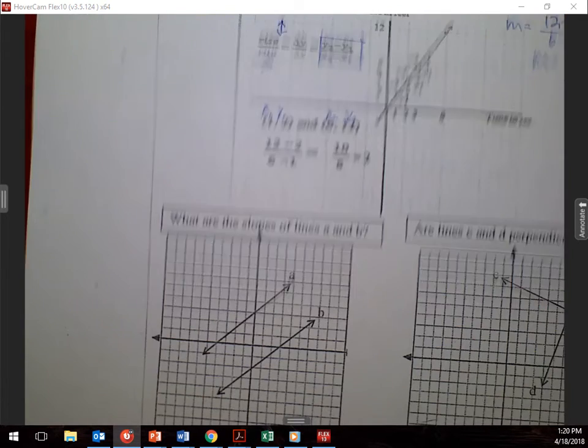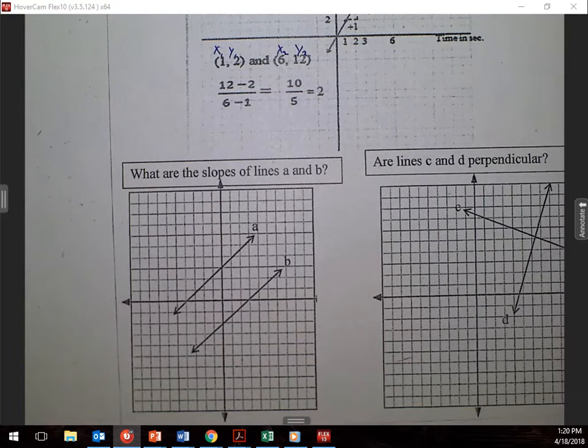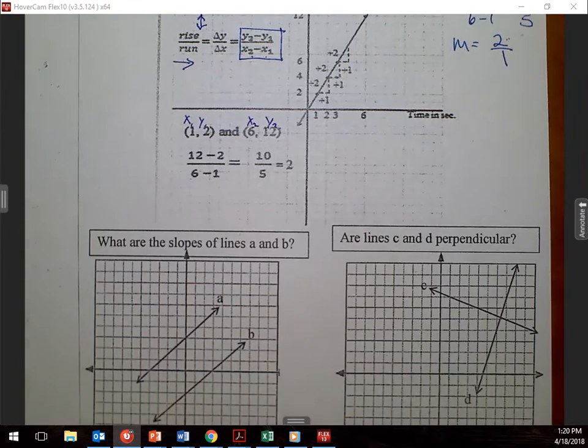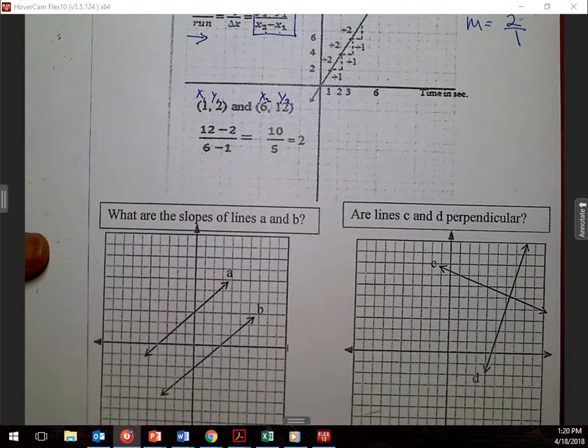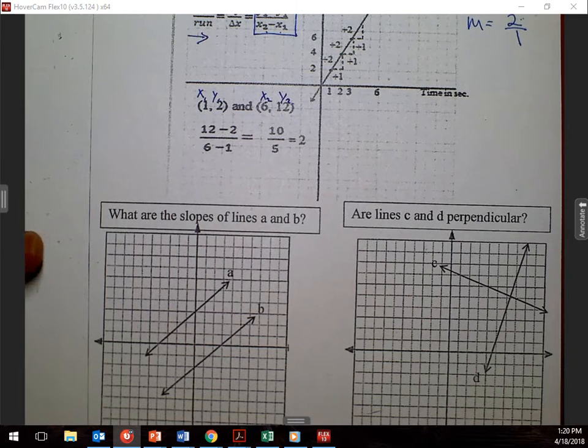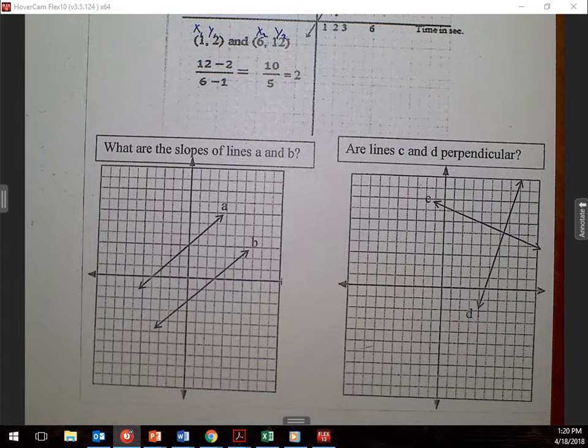All right, now on this problem, same formula. I have to find some points first. I have to pick out the points that I'm going to use.